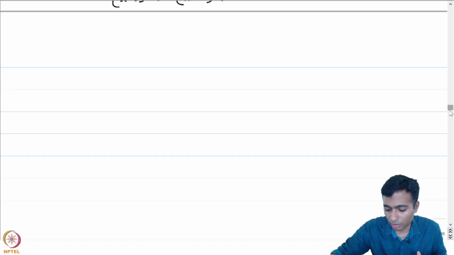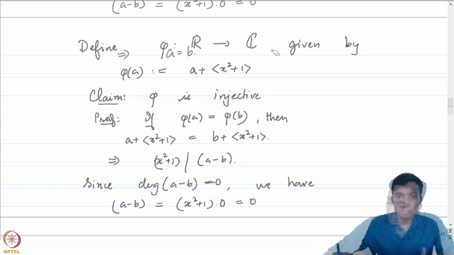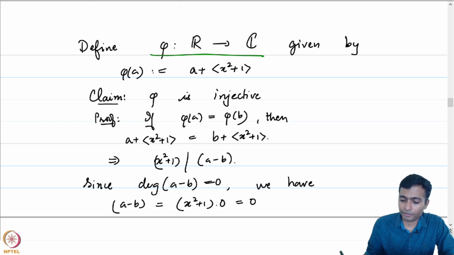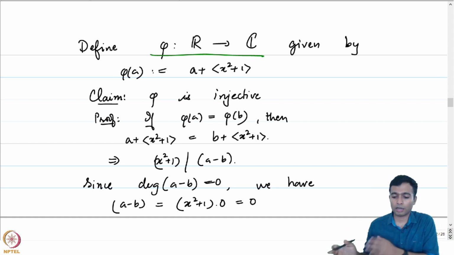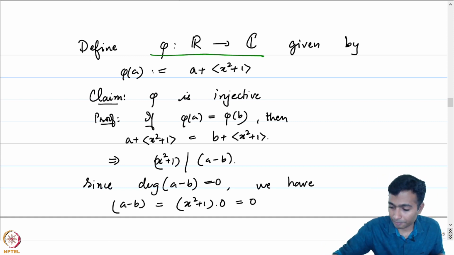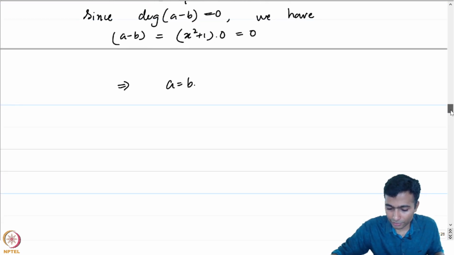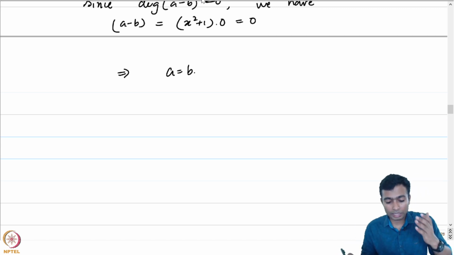Otherwise the degrees won't match, which implies A is equal to B. So immediately we see that the map phi from R to C is an embedding. It actually gives us a copy of R in the commutative ring C. So that's one aspect of the definition solved, and my claim is now that we can get hold of a root of x square plus 1 in this particular commutative ring.